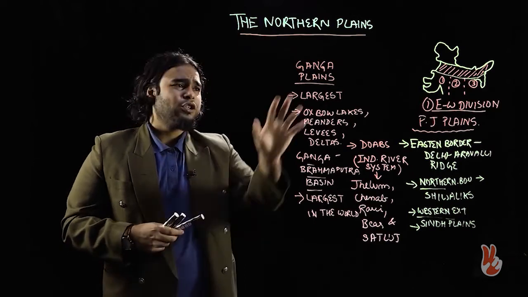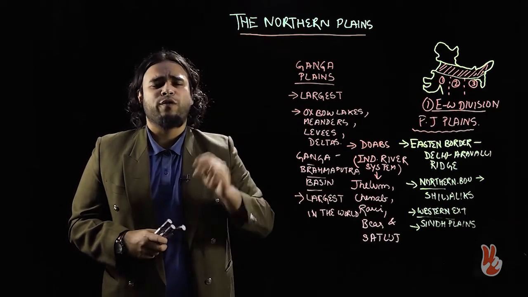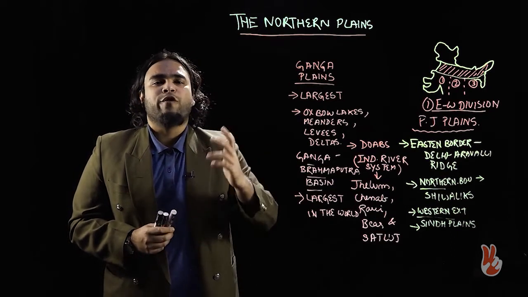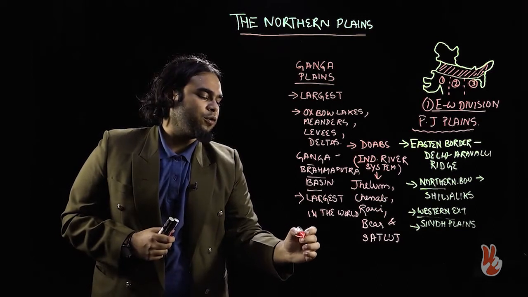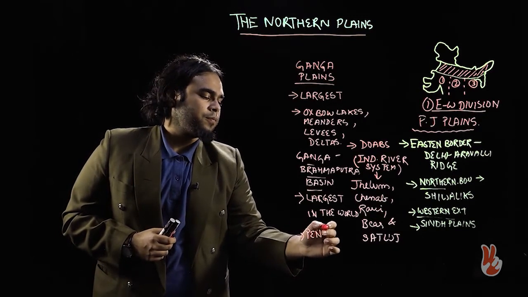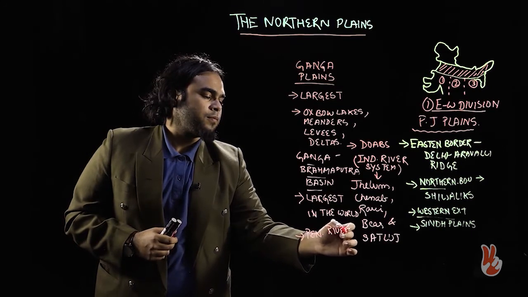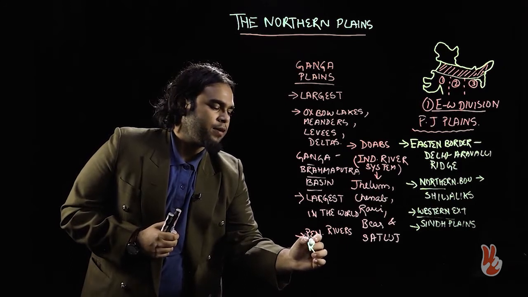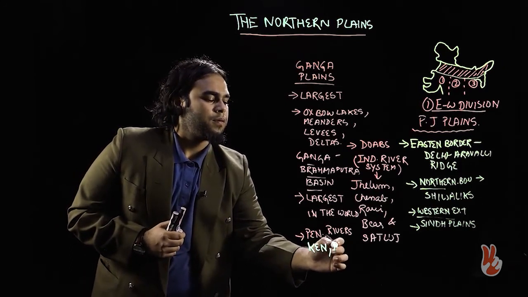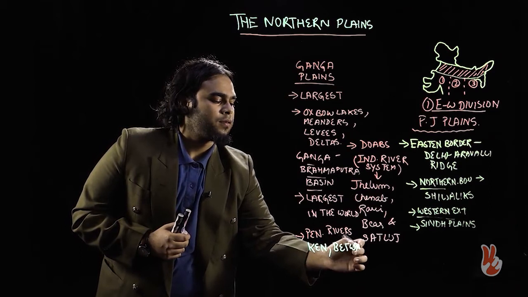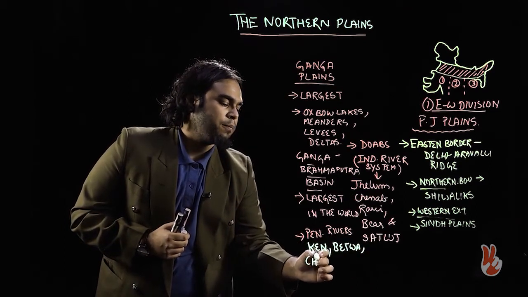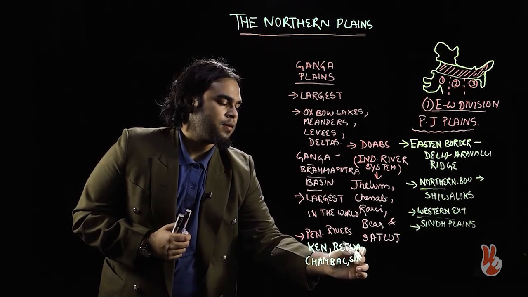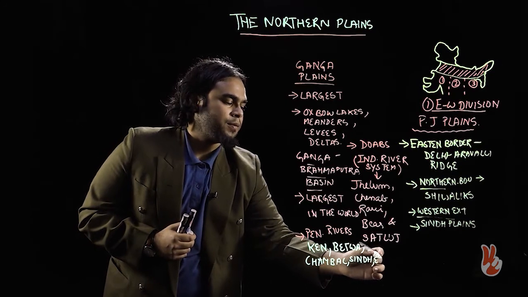Alright. So this Ganga plain region is drained by two river systems, one that is coming from the Ganga and the other one from certain peninsular rivers. Like what? The peninsular rivers include Ken, Betwa, Chambal, Sindh, etc. Okay.